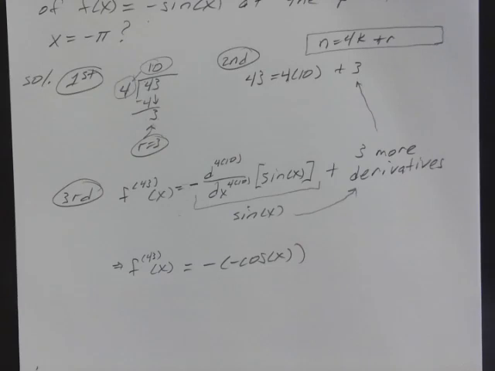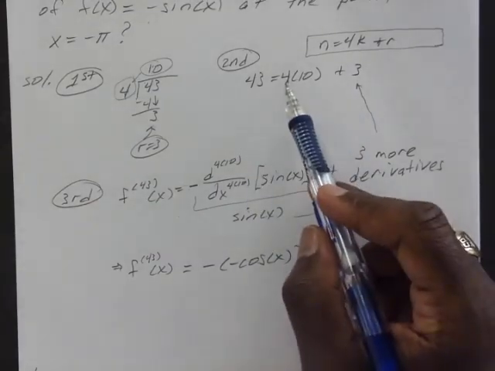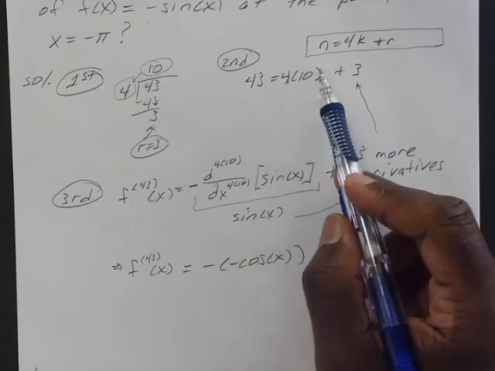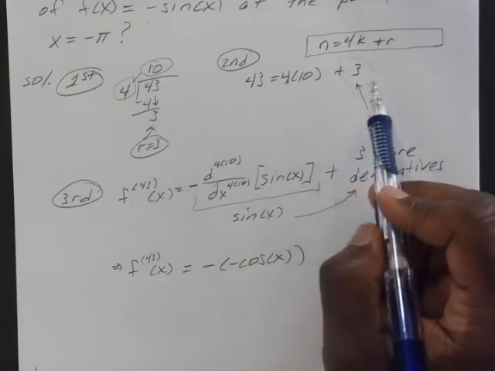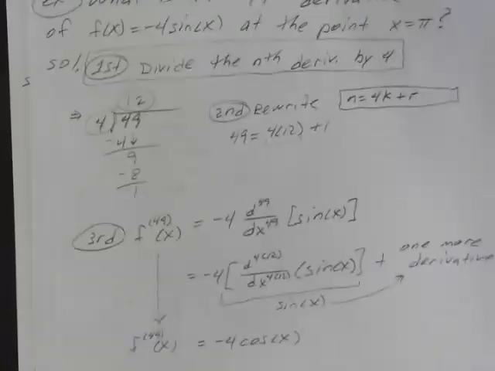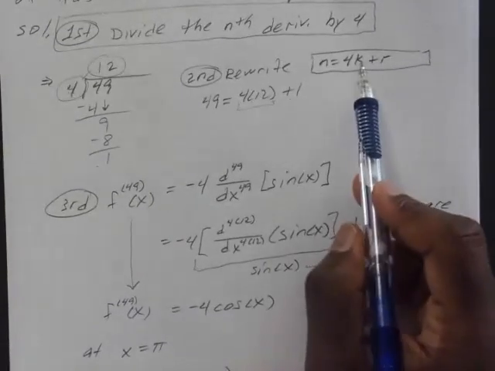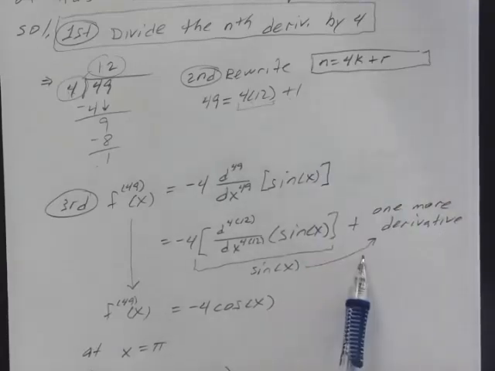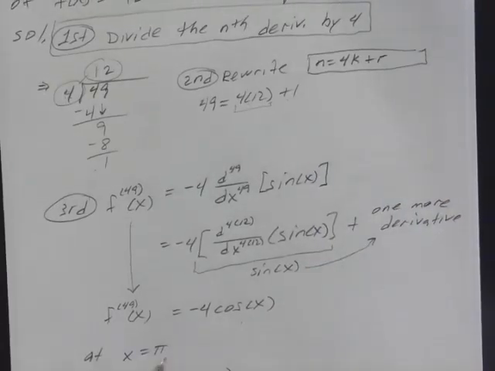Now a shortcut to that is, once you divide, you can ignore this 4 times whatever, because it's all going to rely on your remainder. If you look at the previous one, since the remainder was 1, it was just the first derivative, which is cosine of x.